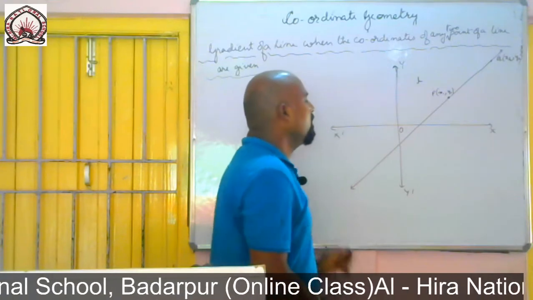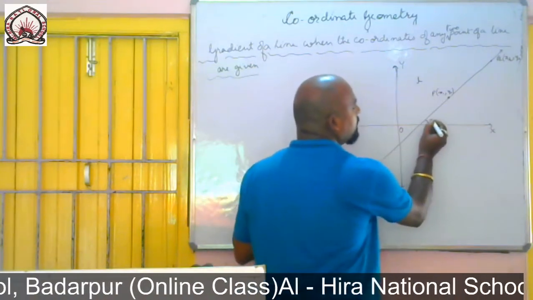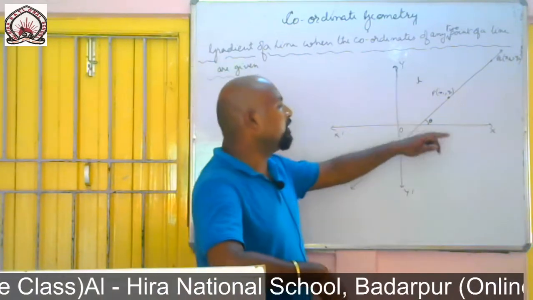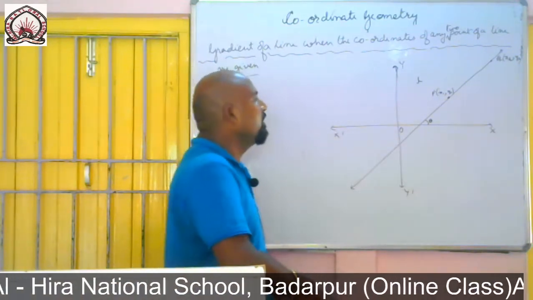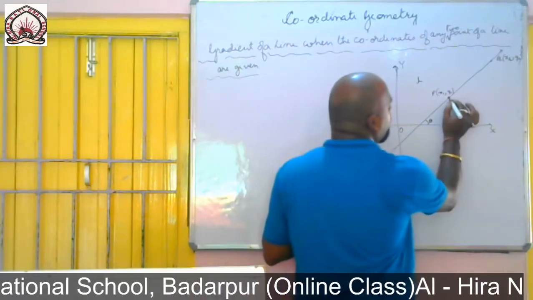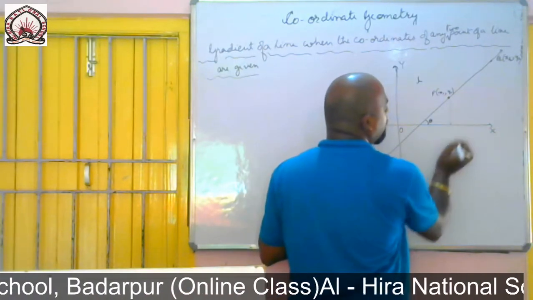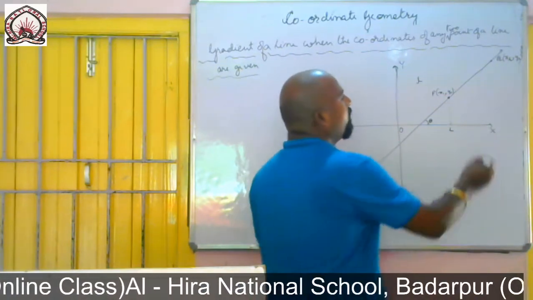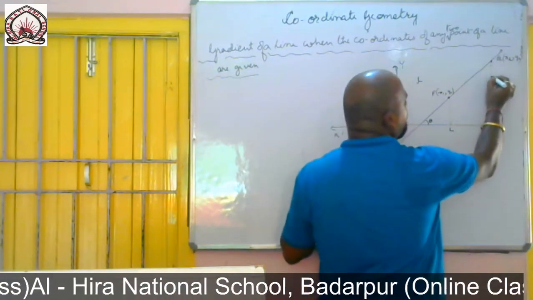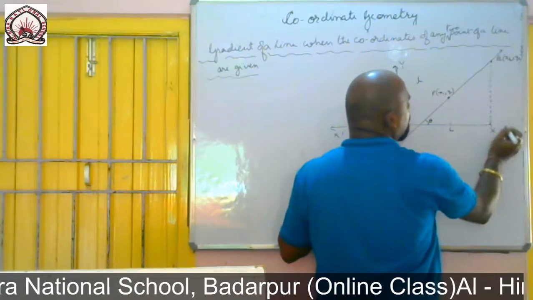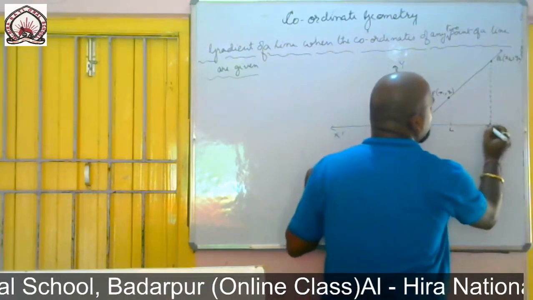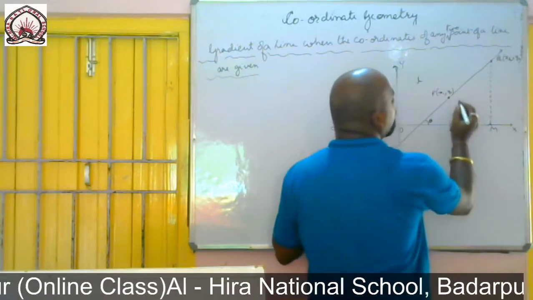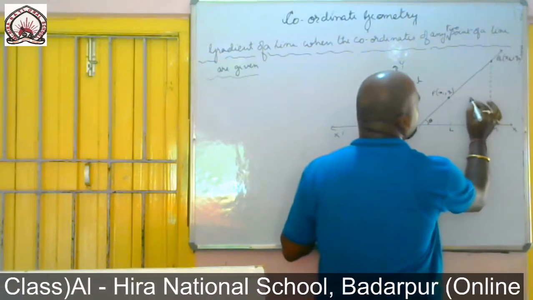Okay. Now this angle of inclination, let us consider theta. Theta is made with the positive direction of the x-axis. Now from this point, if I draw a perpendicular, let us consider this is L. From this point, let us draw a perpendicular line. This is M. Now from this point, let us join.